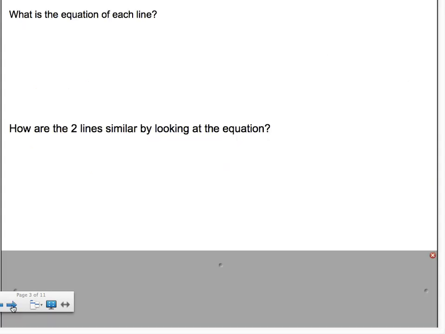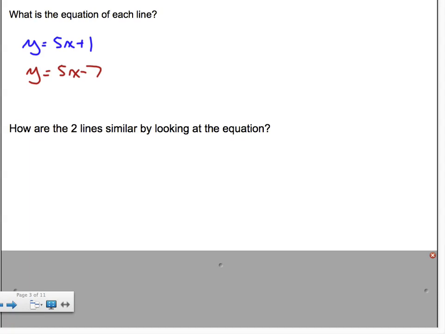Okay, so Tyler's already hinted at this. I wrote the equation each way, so we'll read it again. y is equal to 5x plus 1 was the red one, and y is equal to 5x minus 7 was the other. So how do these two equations look similar? What values are the same?